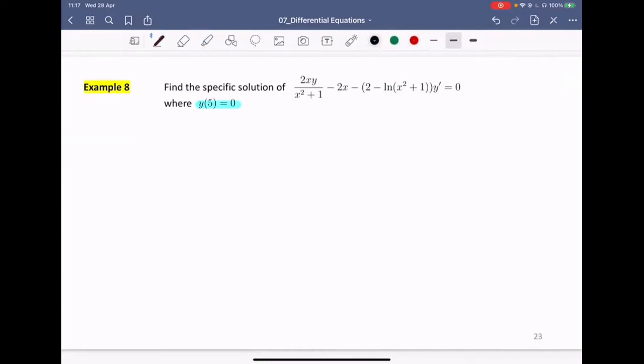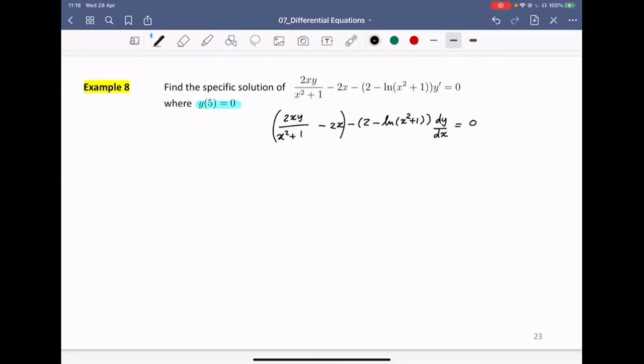First of all, we're going to copy everything here: 2xy over x squared plus 1 minus 2x, minus 2 minus log of x squared plus 1, and then y prime is dy by dx. I didn't do anything other than switch y prime to dy by dx.